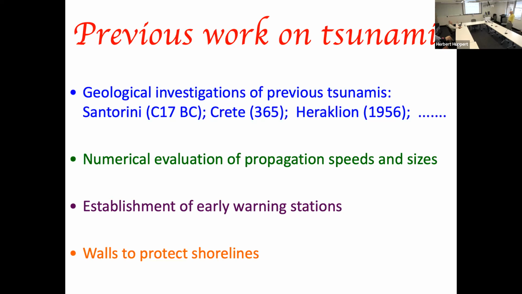There was no early warning of the Boxing Day tsunami. And people have also built walls to protect the shorelines, but the problem with the wall is if it somehow disintegrates in part, that'll allow the energy to propagate through. And so a wall is only as useful as its very best bit.